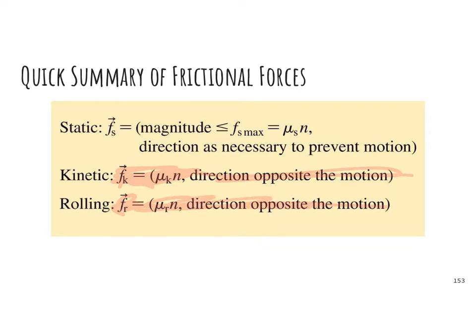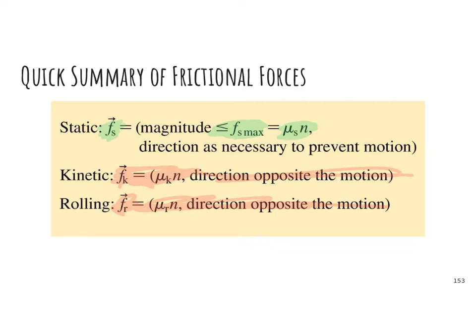The complicated one, and this is where people struggle, is static friction. Static friction has some magnitude that is equal and opposite to the force being applied, which is less than or equal to its maximum static frictional force, equal to the coefficient of static friction times the normal force.